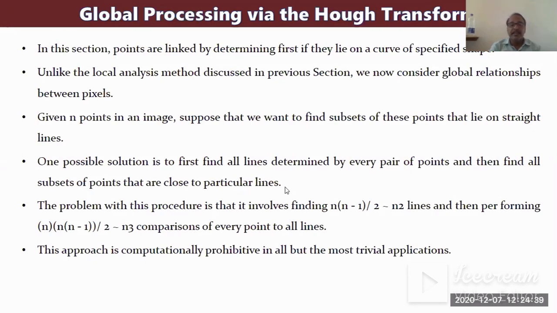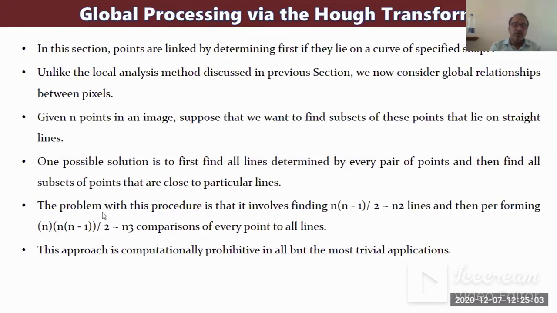So in this case we can identify the lines which pass through that point, and the lines which are near to our specific pixel, then we can join them. So one possible solution is to find all the lines determined by every pair of points and then find all the subsets of points that are close to a particular line.